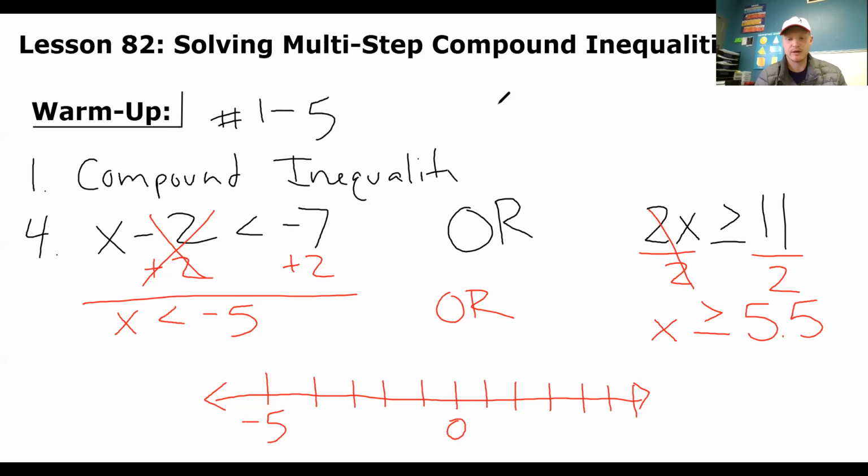Somewhere in there is going to be my 5.5. Let me use another color, my blue. For x is less than negative 5, it's going to be an open circle. And then for 5.5, it's going to be a closed circle.